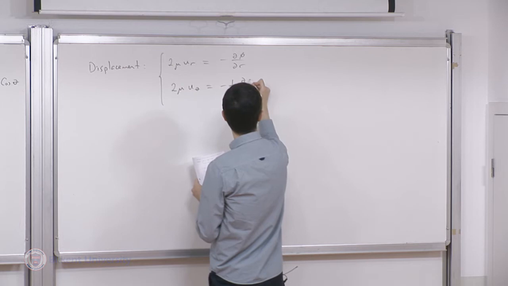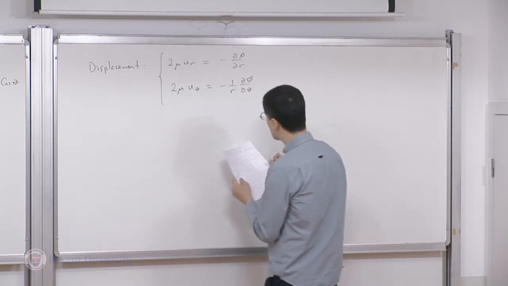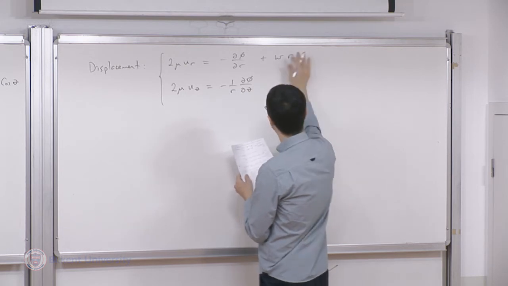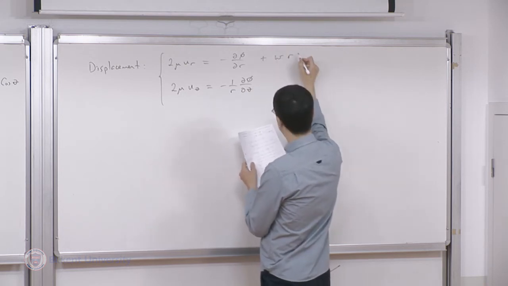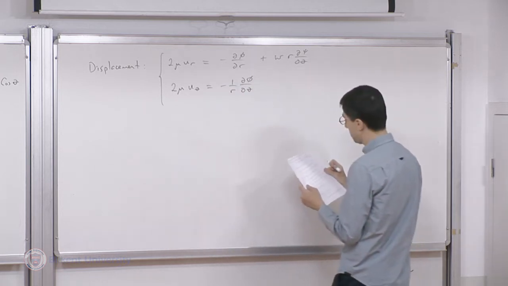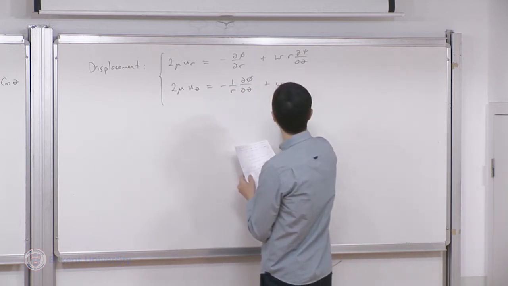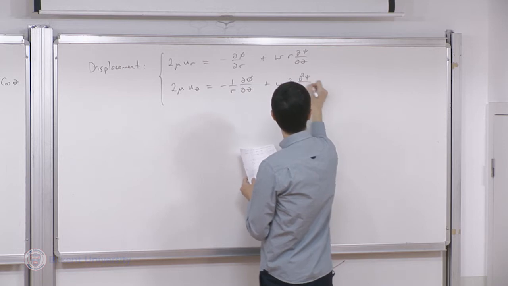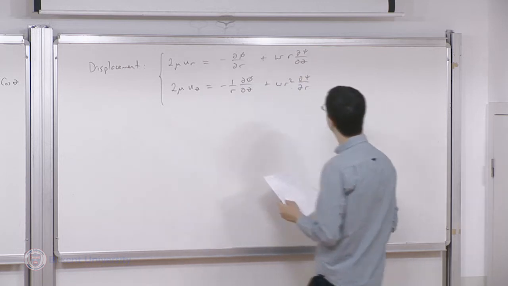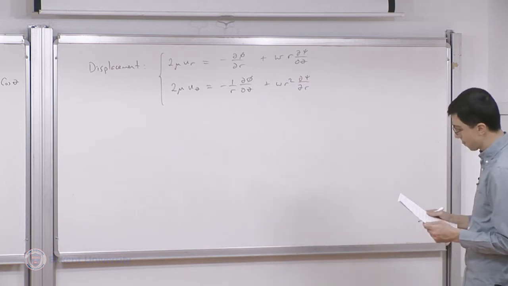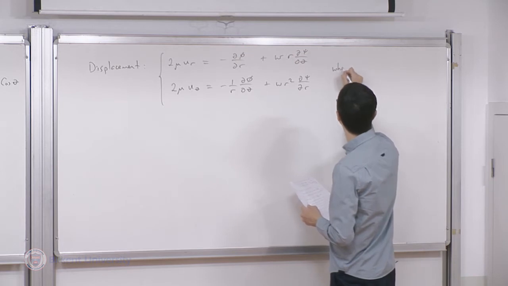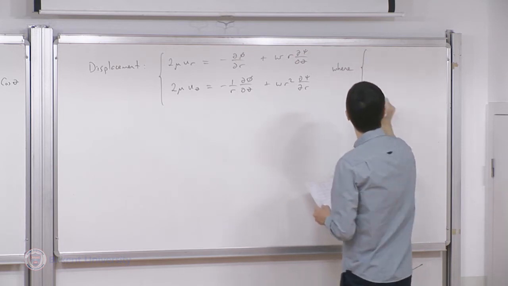And then there is a second contribution that fixes the shortcomings of the displacement if I had not written that additional term. So the additional term is that and this one, and psi is a function that we have to, of course, as usual, find out.